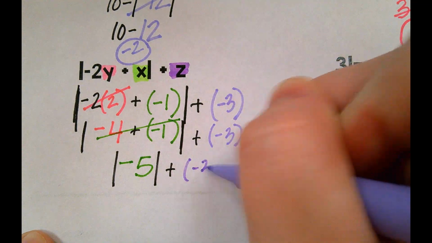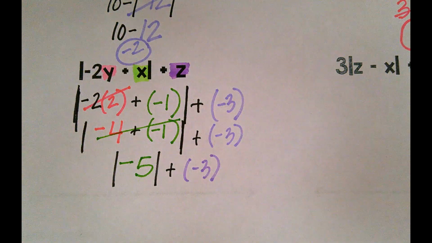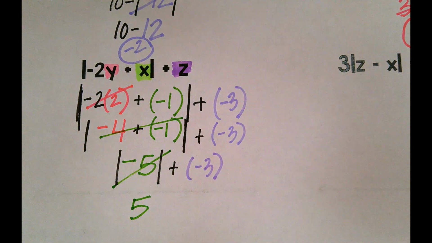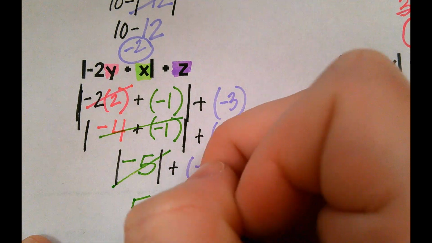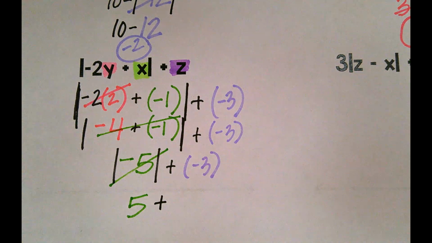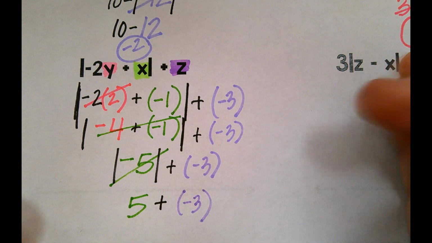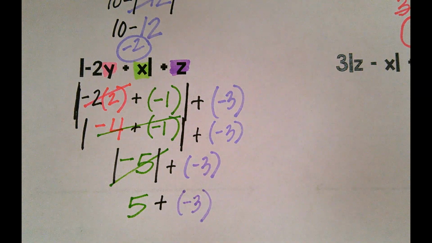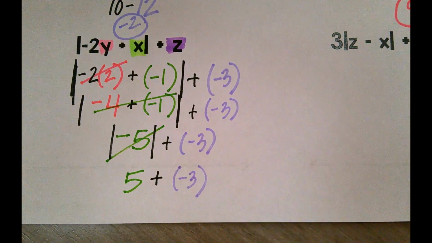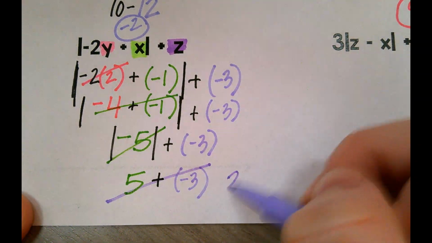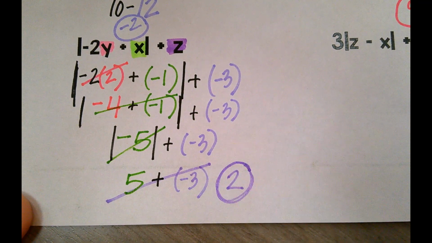Absolute value of -5 will be positive, so it's 5. So done with the bars. Plus -3. Yes, 5 plus -3 should be +2. Good.